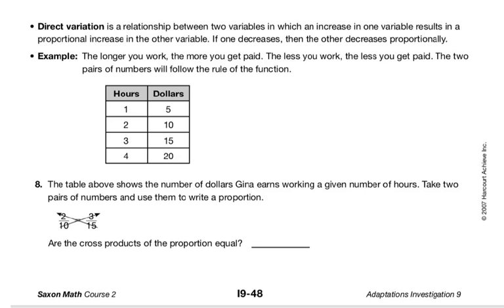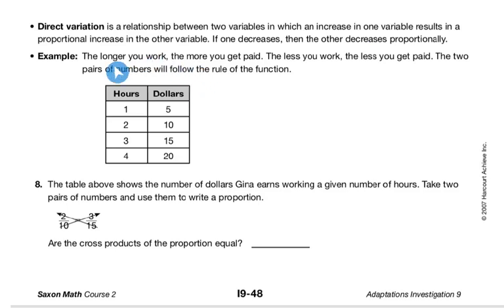Okay, so now we're going to talk about direct variations. Direct variation is a relationship between two variables in which an increase in one is a proportional increase in the other, or the opposite. A decrease then is a decrease in the other.